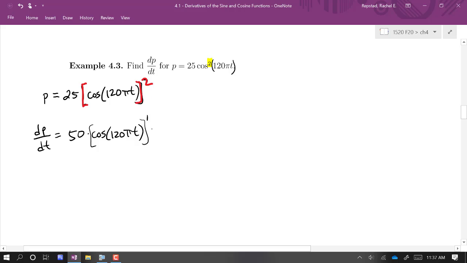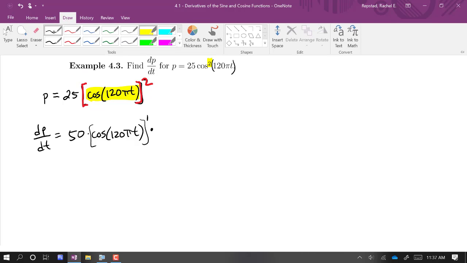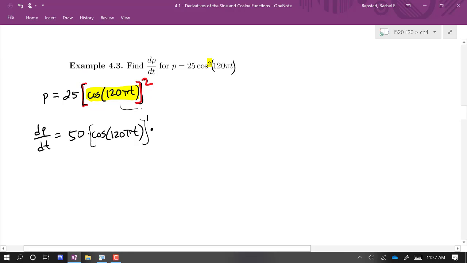And now we have to apply the chain rule. So the chain rule says I have to multiply by the derivative of what was inside the stuff being squared, right? The stuff being raised to a power. So this is the derivative of cosine of 120 pi t.